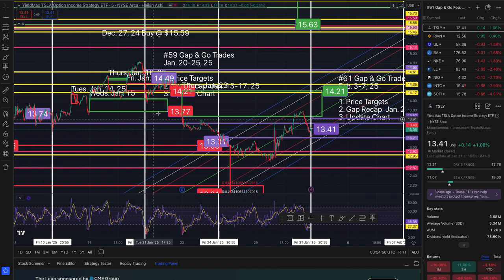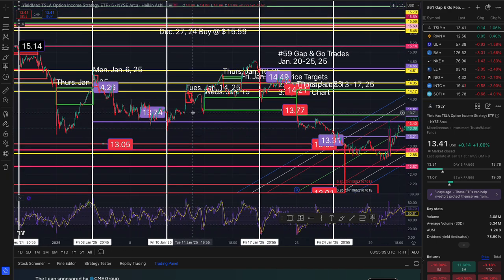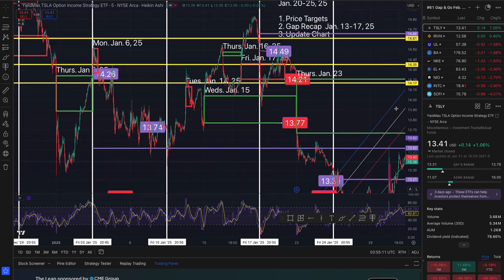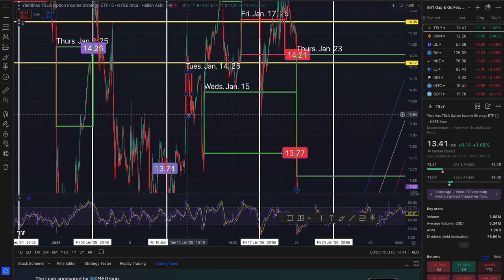And what else is happening? This gap to the upside closed at roughly 14.04, and that closed out on the 23rd of January, so that is no longer in play. And what is happening here? Did this one? Nah, it didn't touch.